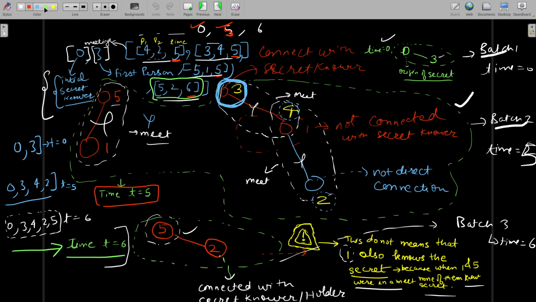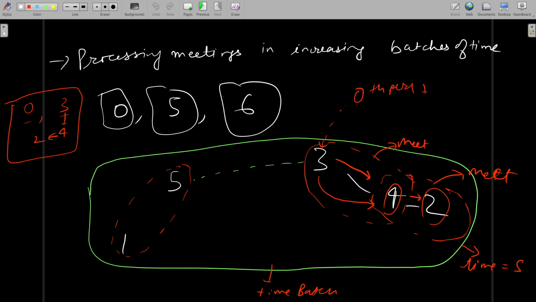If this edge were intact, say 5 was connected to 1 at time t equal to 6, then 1 would also have known the secret, but that's not the case. Once the meeting with 5 is already over, that's why we will destroy the link between 1 and 5, so that we do not get the wrong answer here.